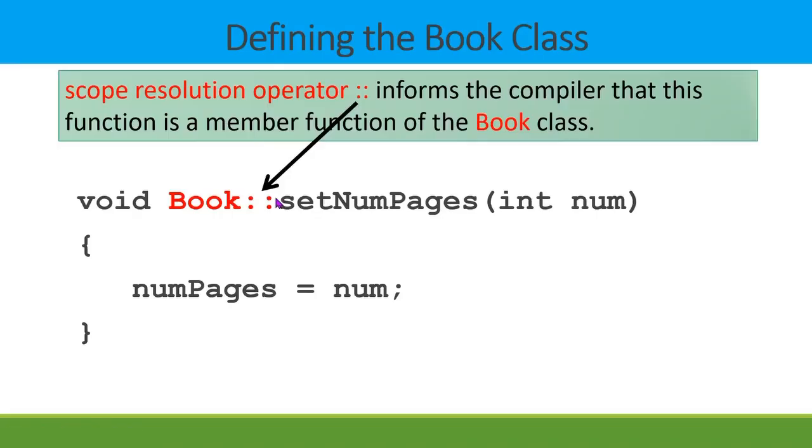For example, you've seen this whenever we open a file in a particular mode by doing ios::app for append mode, or in for input file mode, or out for output file mode. But here we are setting the scope of this function, saying the scope of this function is the book class. That's what it belongs to.